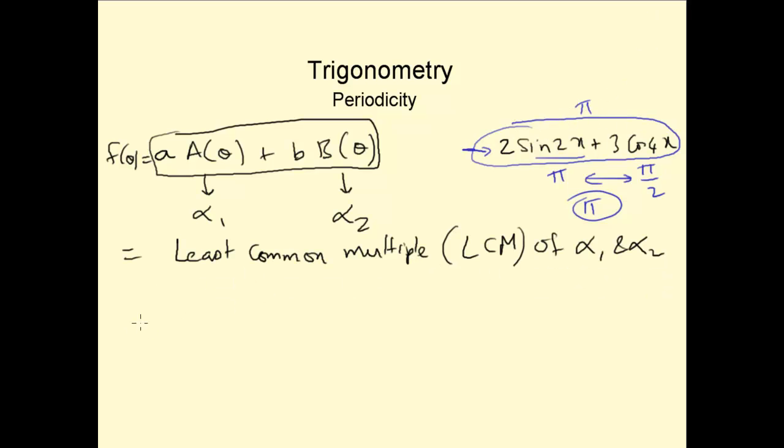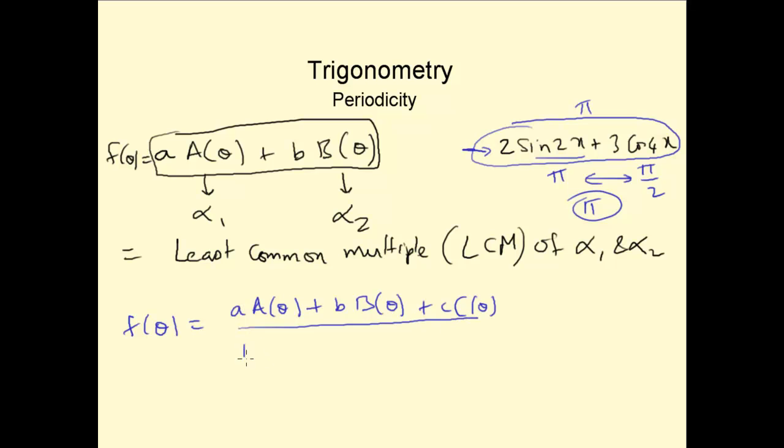Similarly, if you have another function, say f of theta is equal to a times A of theta plus b times B of theta plus, say, c times C of theta, over p times P of theta plus q times Q of theta plus r times R of theta.